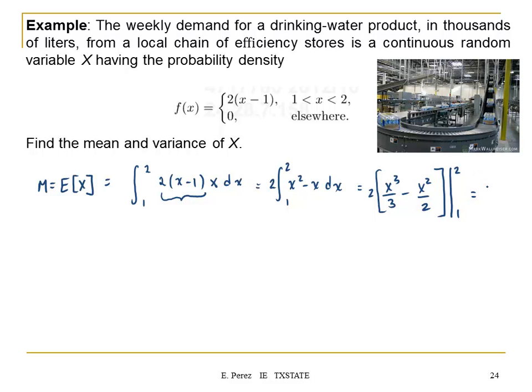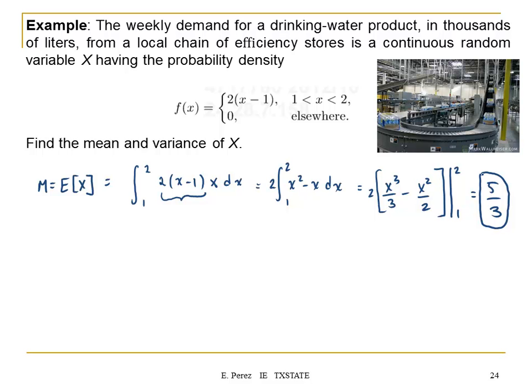And this should be equal to 5 over 3. So that's our mean. Again, this is a continuous random variable, so you need to integrate.